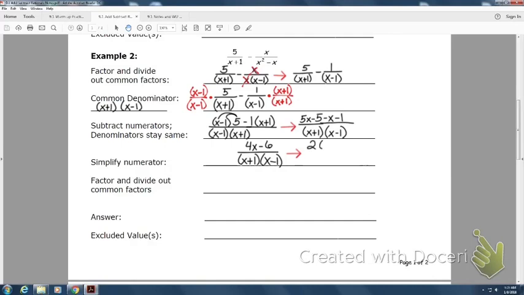So I've got 2 times 2x plus 3 over x plus 1 times x minus 1. Sorry, not plus 3, minus 3. And we really could have just written that on the next step, because that's the factoring step.